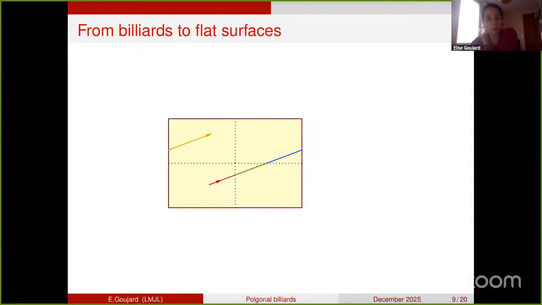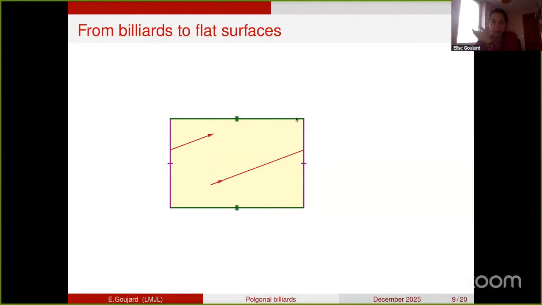Doing that, you end up with a linear flow, a directional flow, in a new surface. Here it will be just the torus, but in general, it will be higher genus surfaces, for instance. The only property is that they are constructed by polygons with sides identified by translation, because we have this property of having translated copies.